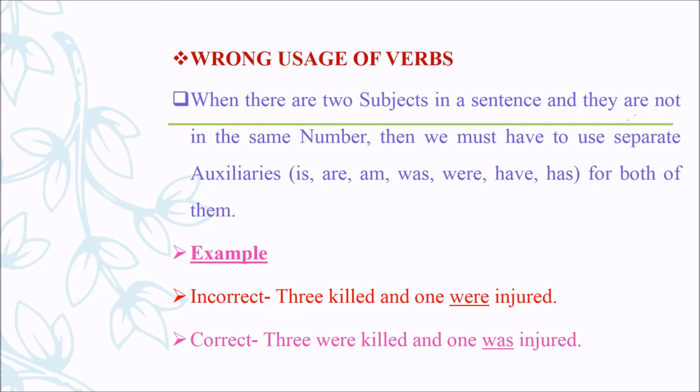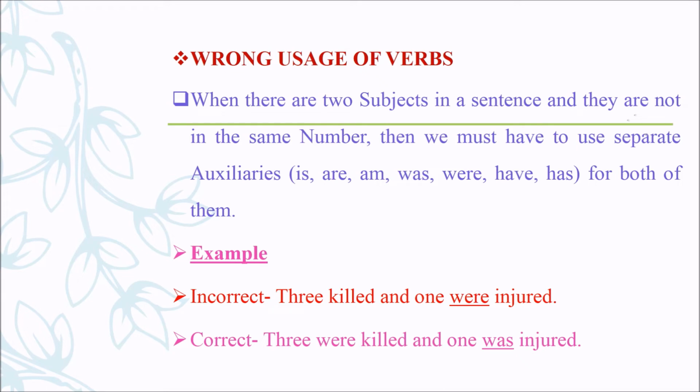Next, we are going to see wrong usage of verbs. The rule is, when there are two subjects in a sentence and they are not in the same number, then we must use separate auxiliaries like is, are, am, was, were, have, has for both of them.